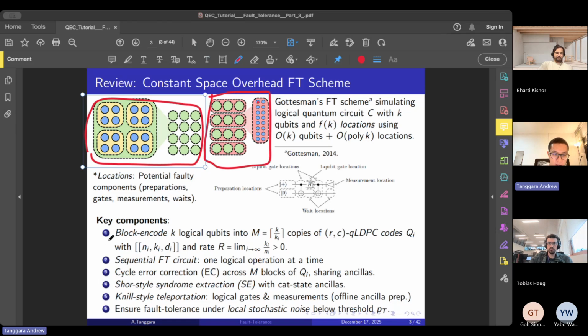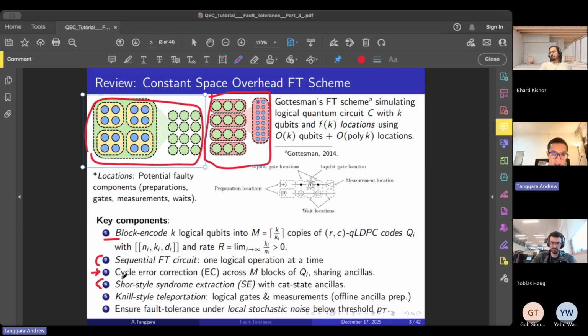These are the components. We block encode our logical qubits into QLDPC codes, and we have a sequential circuit, so we only do one gate at any given time, or any other logical operation. Then we do error correction over this block, so we can reuse the ancillas.